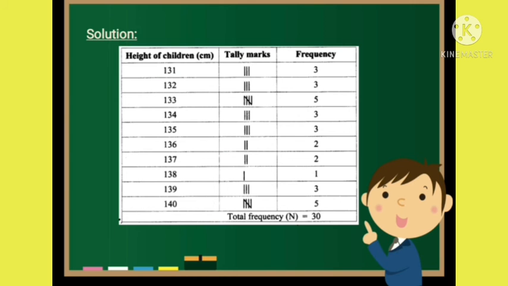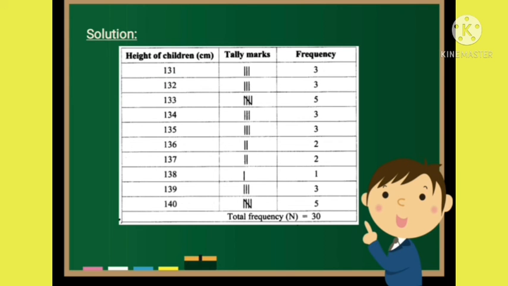It is repeating 3 times, so we have put 3 tally marks. Again, we will see 132. It is also appearing 3 times in the information given. So we have written 3 in the frequency column, and we have made 3 tally marks under the tally mark column.